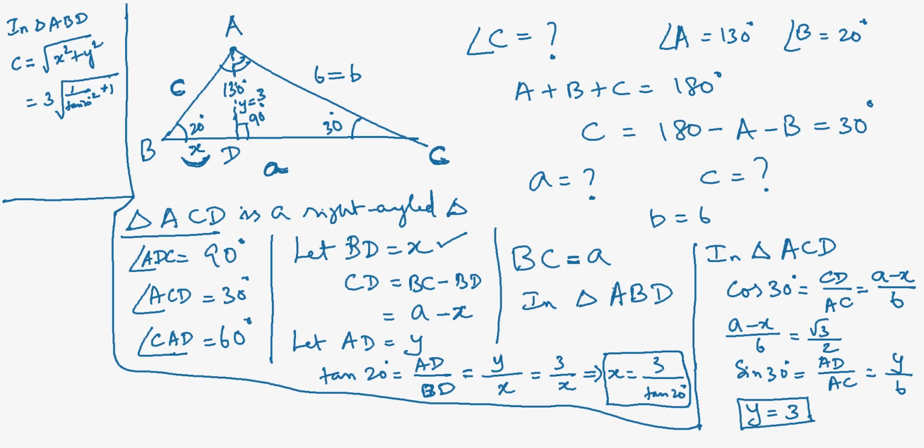So a minus x divided by 6 is equal to root 3 by 2. So a minus x is equal to 3 root 3. The x is known as 3 by tan 20. So a is equal to 3 root 3 plus x, that is 3 root 3 plus 3 by tan 20, right?